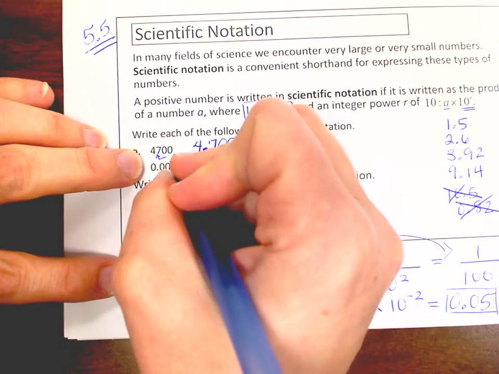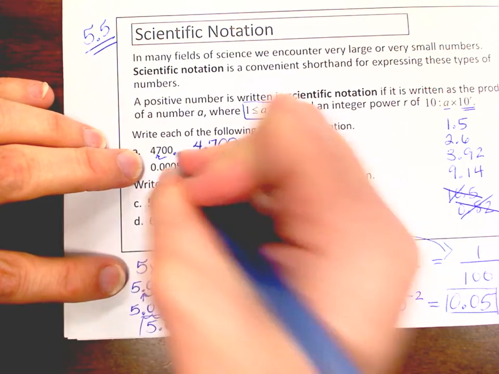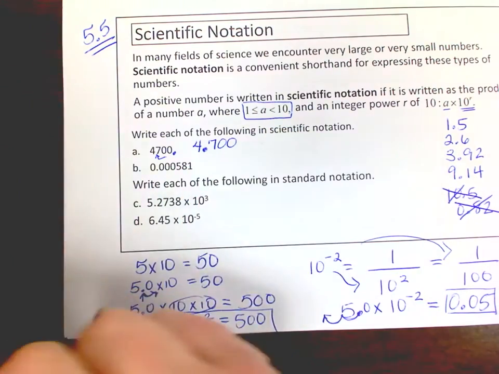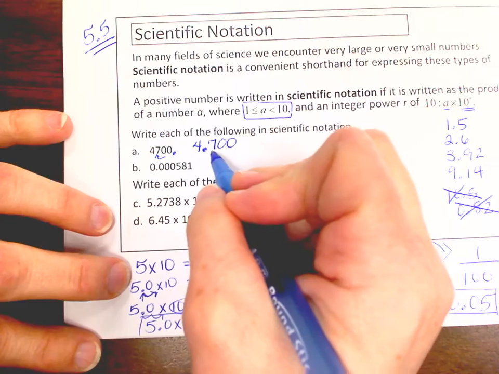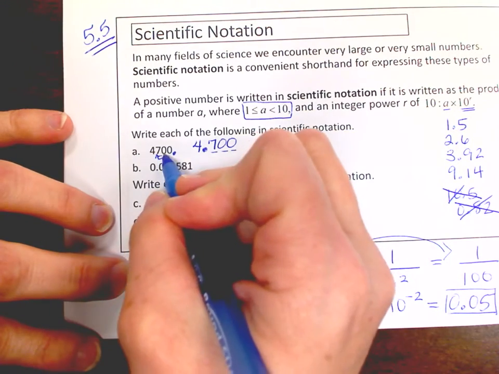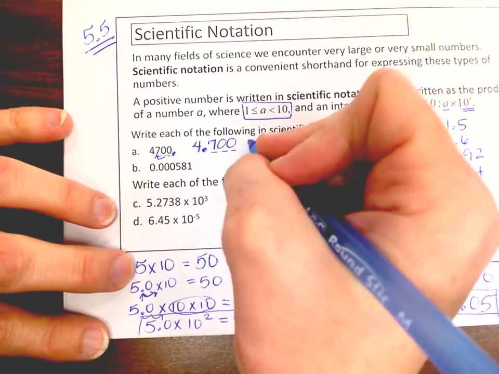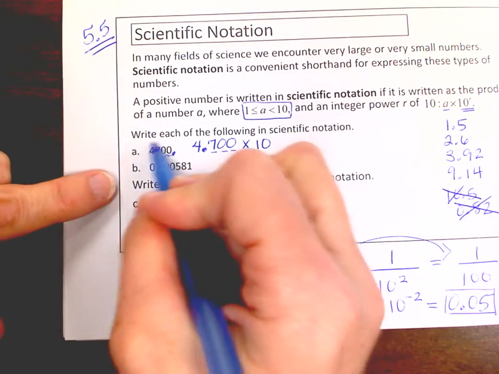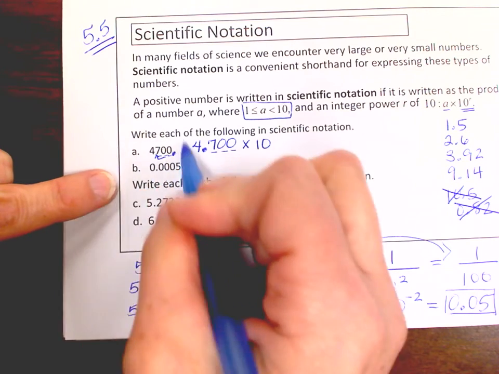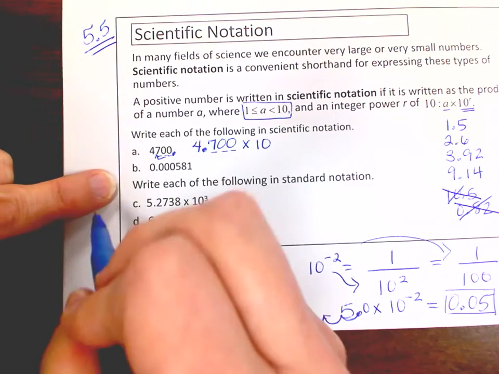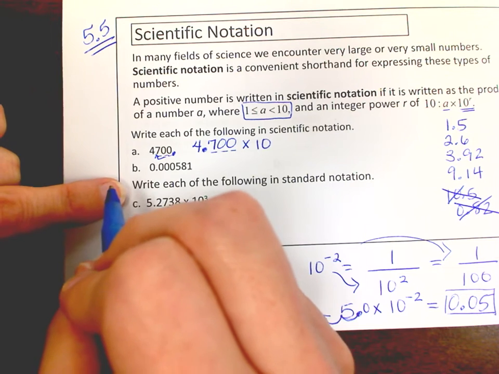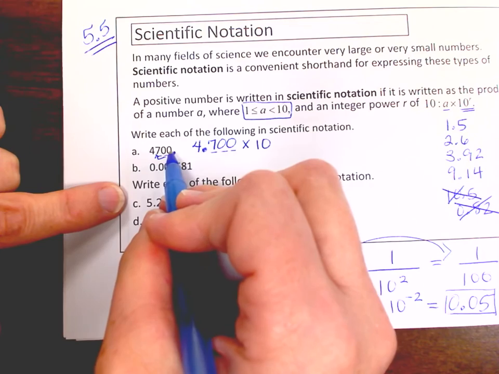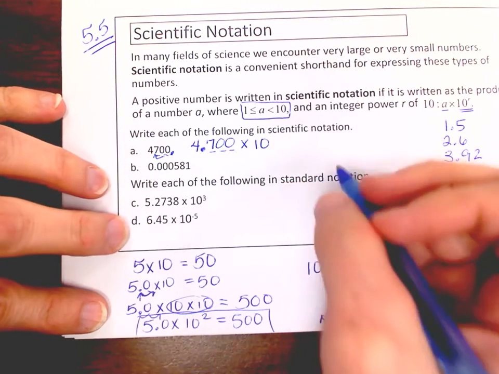Now my decimal is actually right here at the end in the original number, and I've got it over here 3 spots away from where it should be. That's my clue that it's 3 places away, which is my clue that I'm multiplying by 10 to a third power. If my original number is a large amount, like here where it's got the zeros falling at the end, then you know you're going to be multiplying by 10 to a positive power.